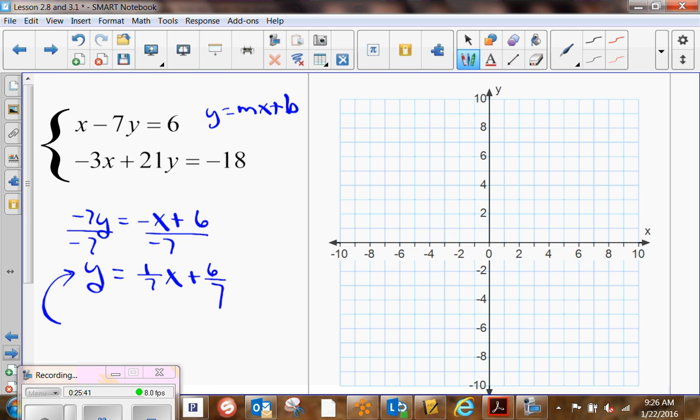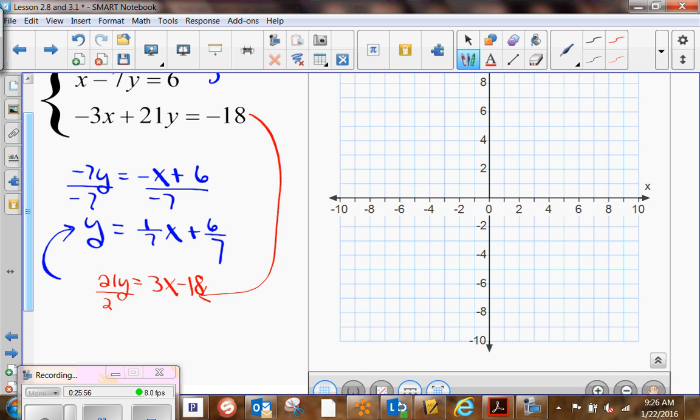And for the second equation, let's go down and do 21y equals 3x minus 18. And we divide everything by 21. And y equals 3 over 21, which would be 1/7, minus, put a 3 into both of those.